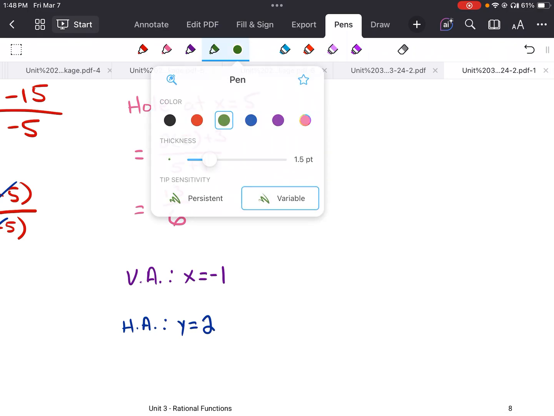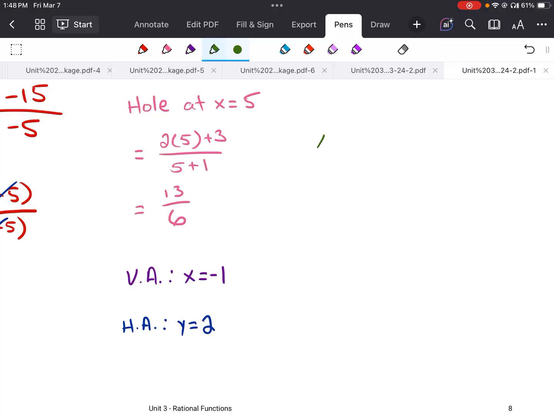Okay, let's go green for x-intercept. The x-intercept is the factor of the numerator, which was 2x plus 3. So that means the x-intercept occurs at negative 3 over 2.